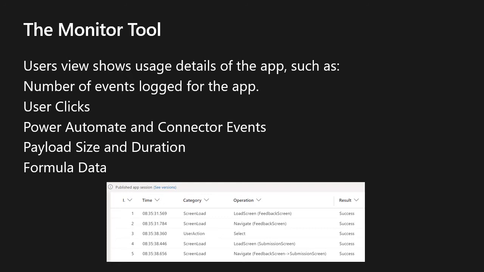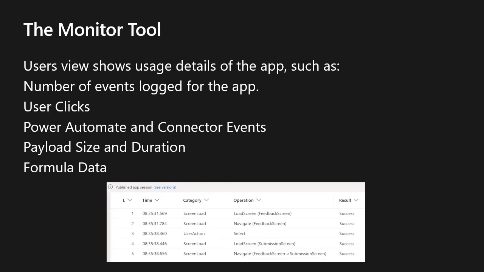We may look to see how a user is interacting with the form, if they're tabbing in a certain order, if they're neglecting certain controls. The Monitor tool also has a very useful feature at the top that allows us to filter by time, by category, by operation result. We can sort, we can filter. The category field specifically will be useful, as well as the result. The category shows us things such as screen loads, so that'll show operations such as loading a screen, navigating to a screen, and user actions, so selecting, invoking controls.